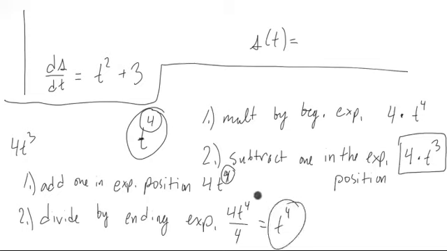So kind of in summary, given something like t to the 6, so I'll give you a different example here, t to the 6, and we want to go backward, take a backwards derivative, say. It's usually called an antiderivative because you're not taking a derivative, but you're going backwards.